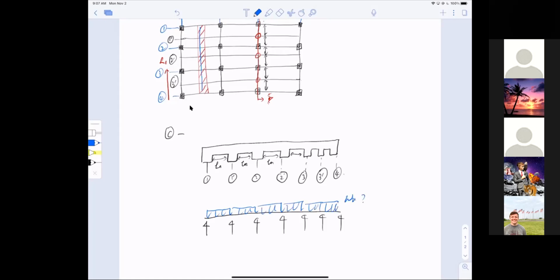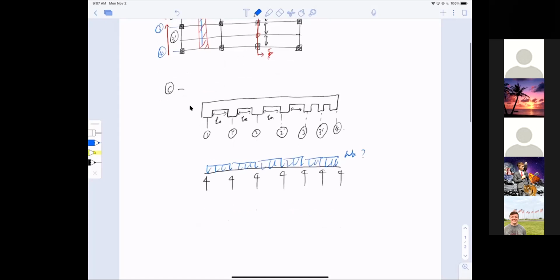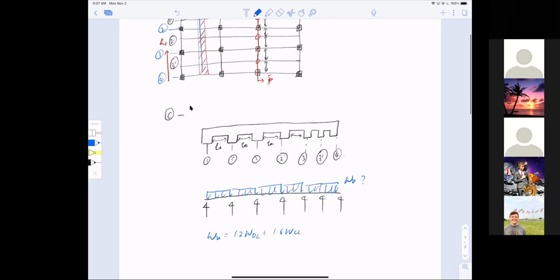So the question is, what is this omega u? Naturally omega u has 2 parts, 1.2 dead plus 1.6 live. We all know that. Now in the example problem I talked about in lecture, I already gave you the dead and live load. You just need to plug in and calculate. Now in this problem, you need to calculate it.